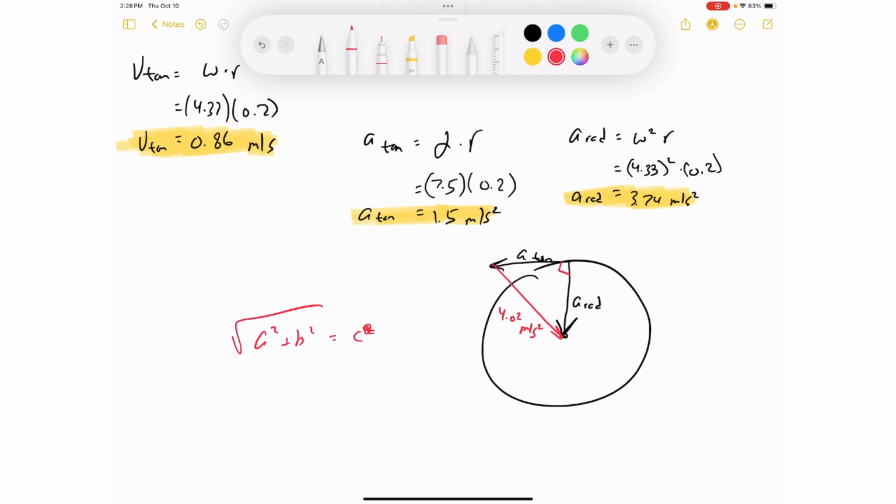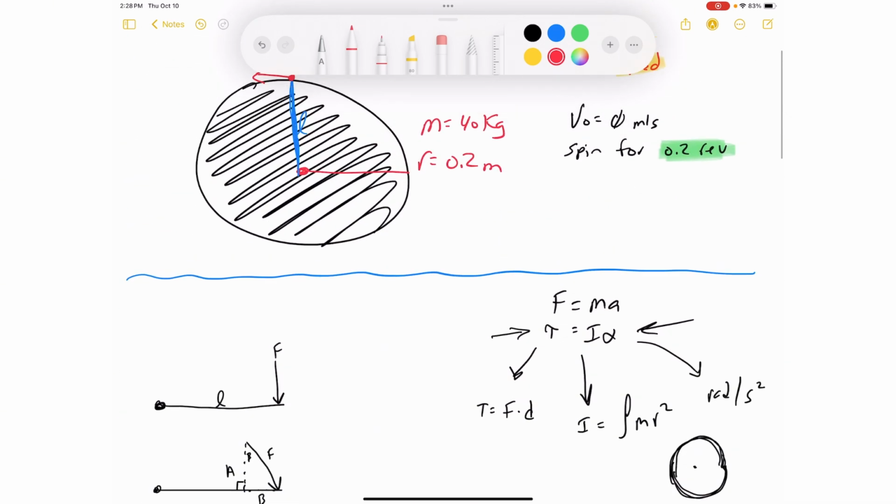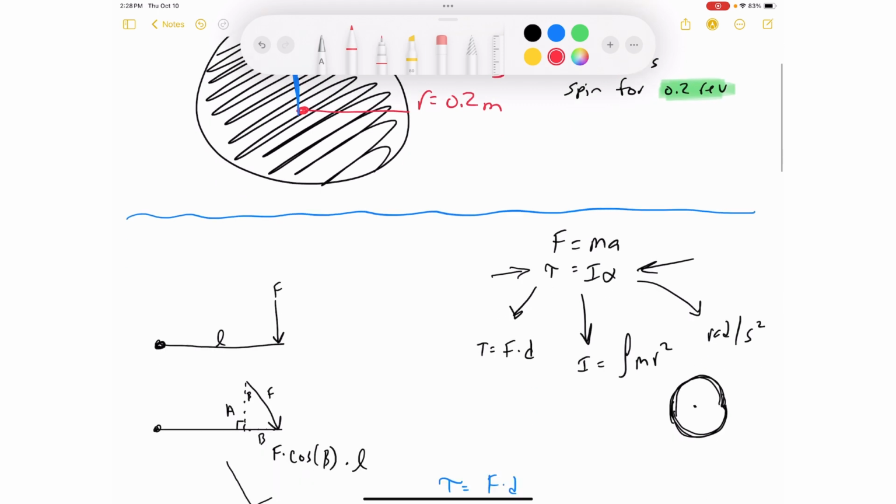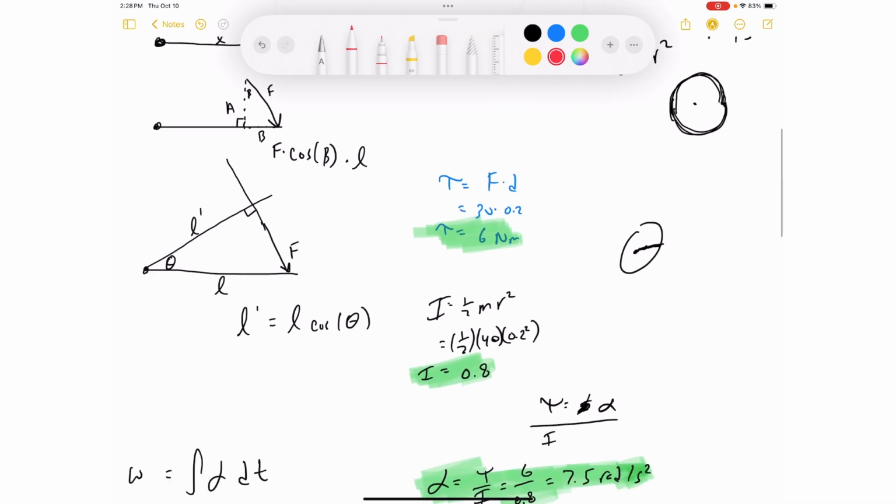So anyway, I hope this was useful. Basically what we did, in recap, is we took Newton's second law, F equals ma, and we created an analogous version, torque, or tau, equals I alpha. This is basically Newton's second law as it applies to rotational motion instead of translational motion. And all the other things apply.